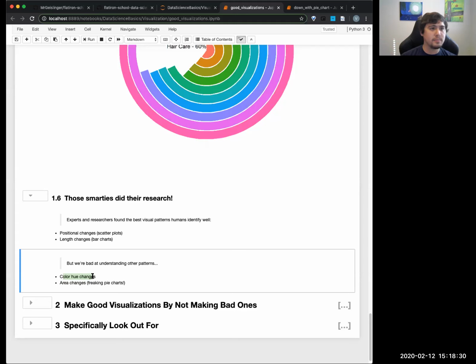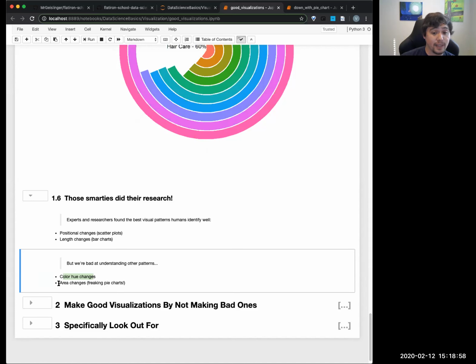I just painted my nursery last week, and when I went to look for colors, do you know how many whites there are in paint? There are so many different versions, and you really don't know until you compare them next to each other. You think, oh wait, this is more white than I thought it was, or this is more blue than I thought. People have a hard time looking at color as an actual metric without comparing it with something else. So color hue changes can be very difficult.